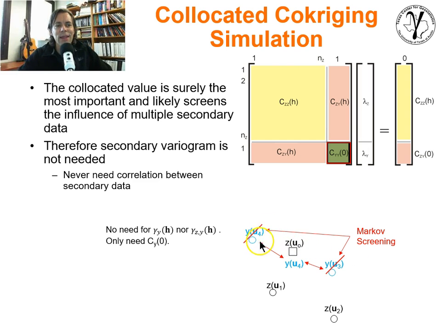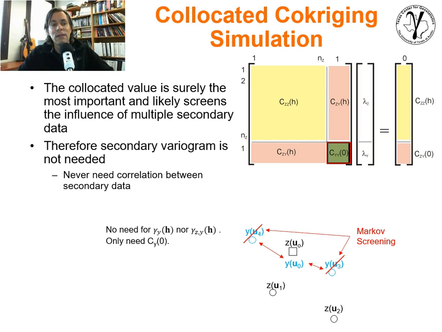So we get rid of the non-collocated secondary data. We throw out locations U4 and U3. We only retain the value at this location right here, which in fact is U0. We just retain that one secondary value, and we say that one is going to screen all of the other secondary data, and we call that the Markov screening assumption.